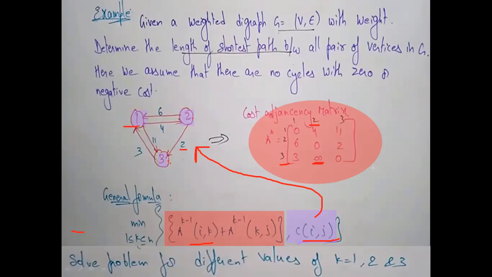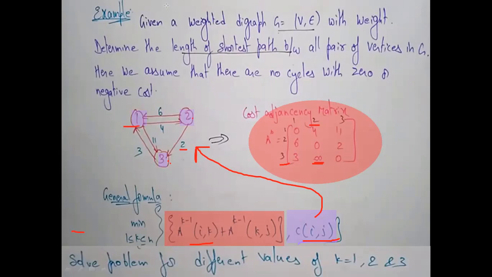You must remember the formula first, and you have to find the cost adjacency matrix. When finding the cost adjacency matrix, if there is no direct edge, you have to mention infinity.